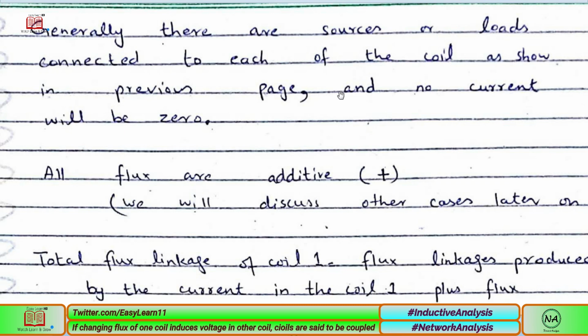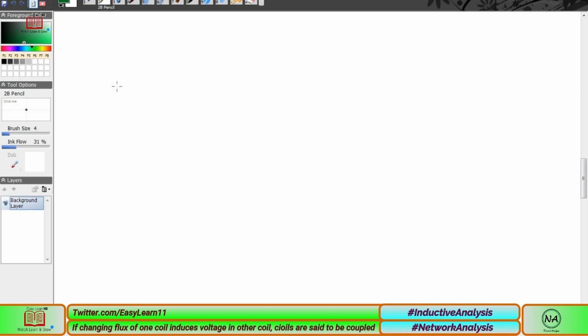Which one behaves as a source and which as a load depends upon our configuration, upon the current. In the previous page we already discussed that current 2 and current 3 are 0.